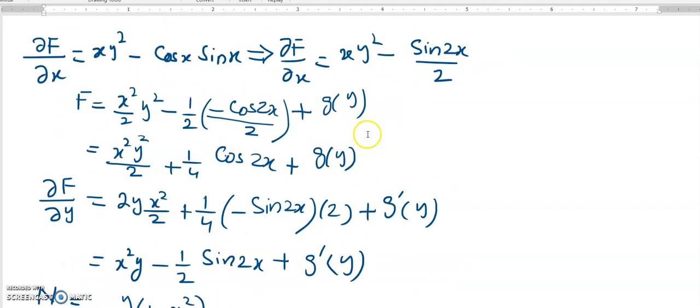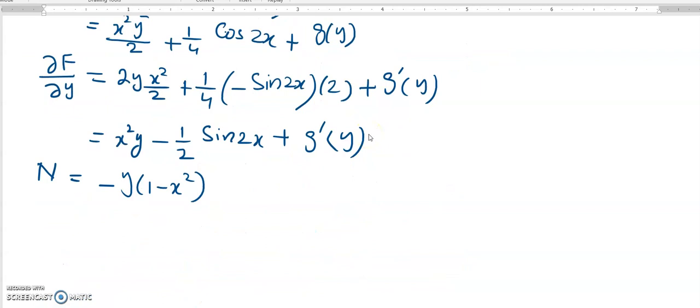Okay, so we can simplify it. So minus plus, so it's x square y, and then it is minus y plus g prime of y.